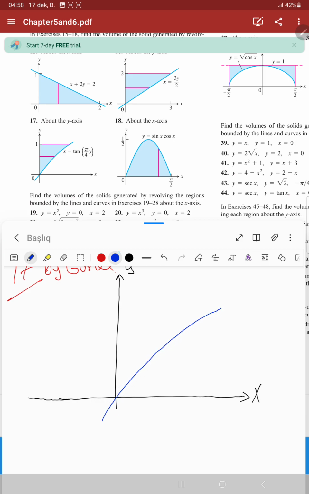We have this, and we have to rotate it by the y-axis. When we rotate it by the y-axis, we'll get something like this in here, and of course a circle.